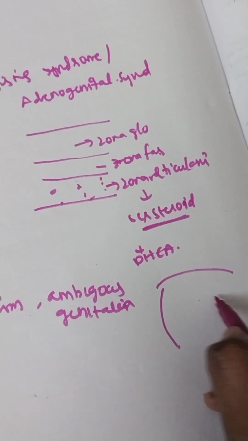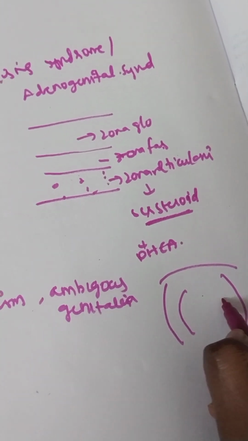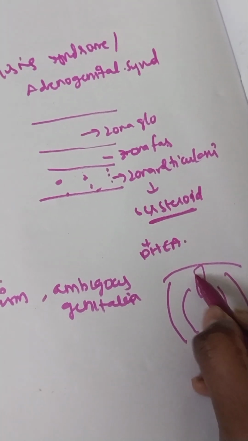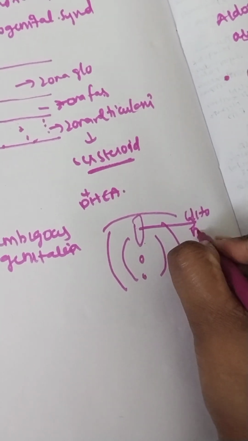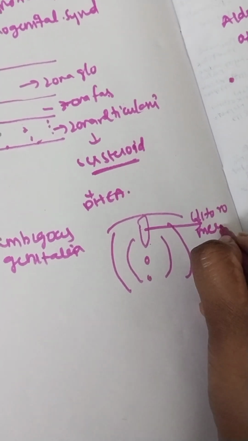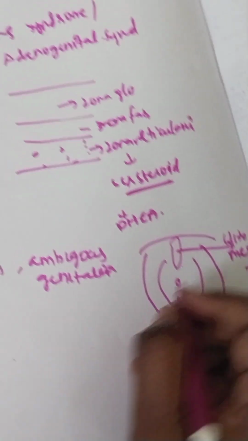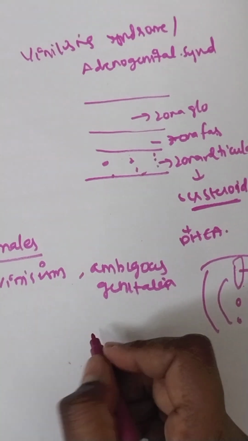This is the mons pubis, this is the labia majora, this is the labia minora. You'll have the clitoris here, and you will have the hymen and vagina. So clitoromegaly will occur in case of adrenogenital syndrome.